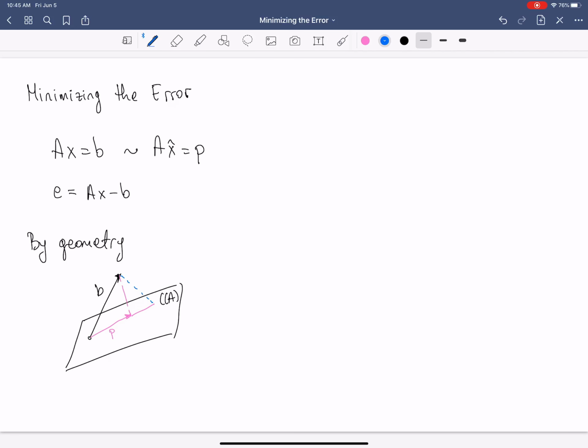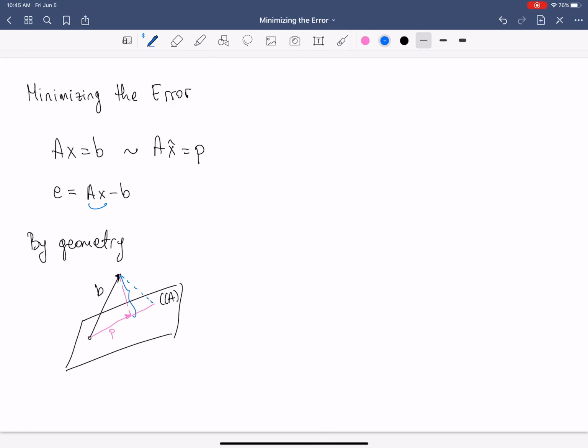It comes from geometry that the projection onto the space will have the smallest error. So using geometry, we want Ax really to be that projection.